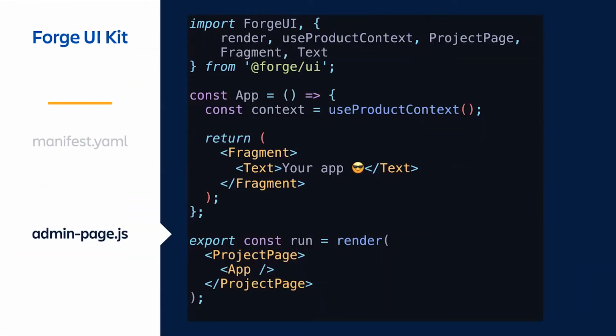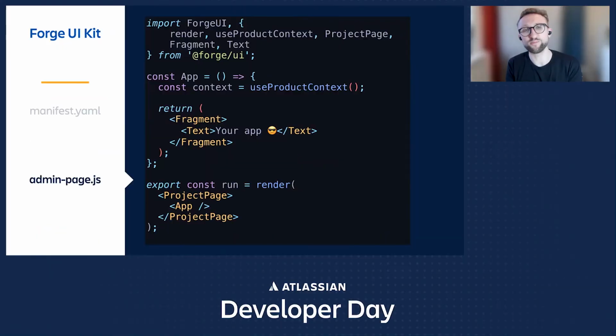And if you would like to get the context here, you can use useProductContext, the hook which already exists in ForgeUI Kit for some time, and you will find the project related fields there. Nothing really changed here.